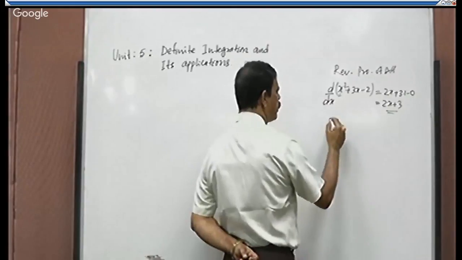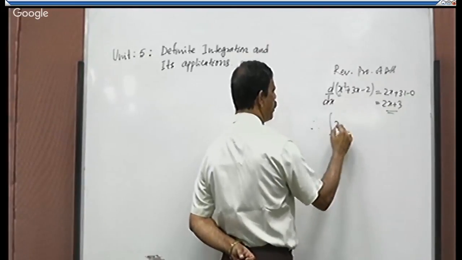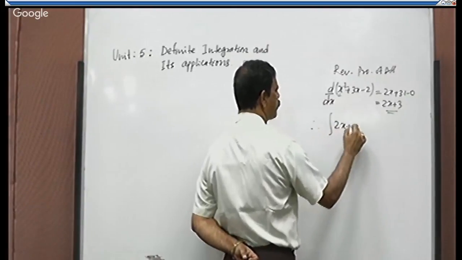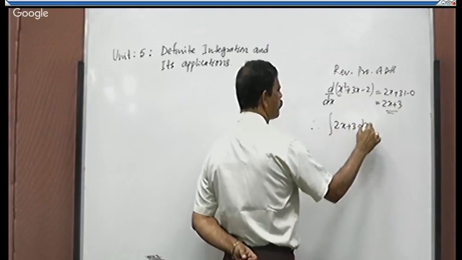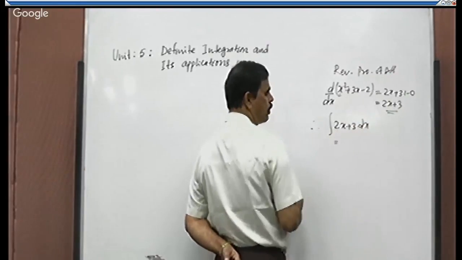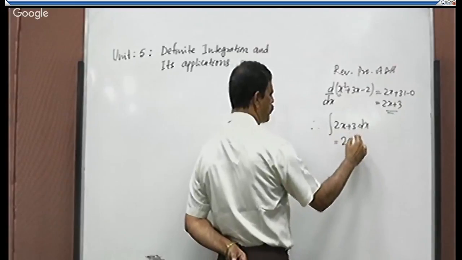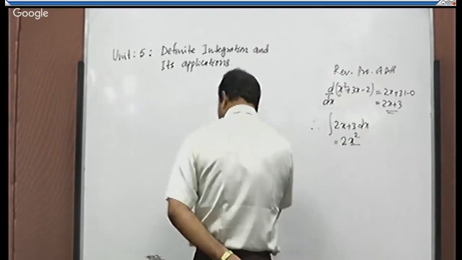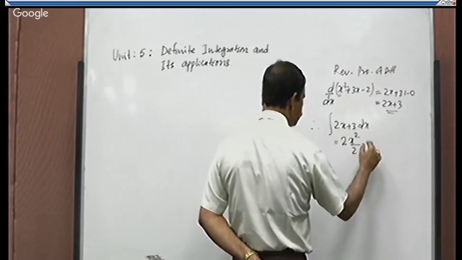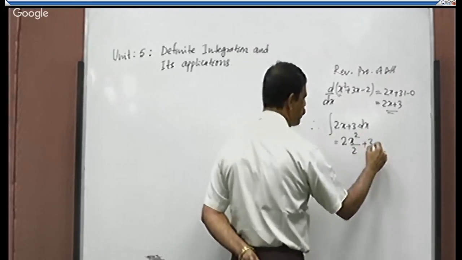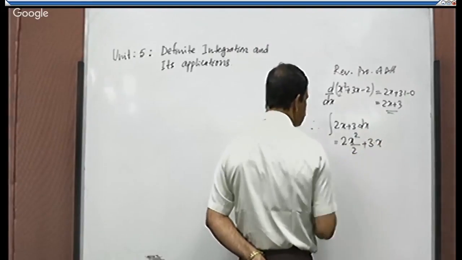So if I integrate this, integration of 2x plus 3 into dx, I will get 2 into integration of x, which is x square by 2, plus constant into x, plus 3.